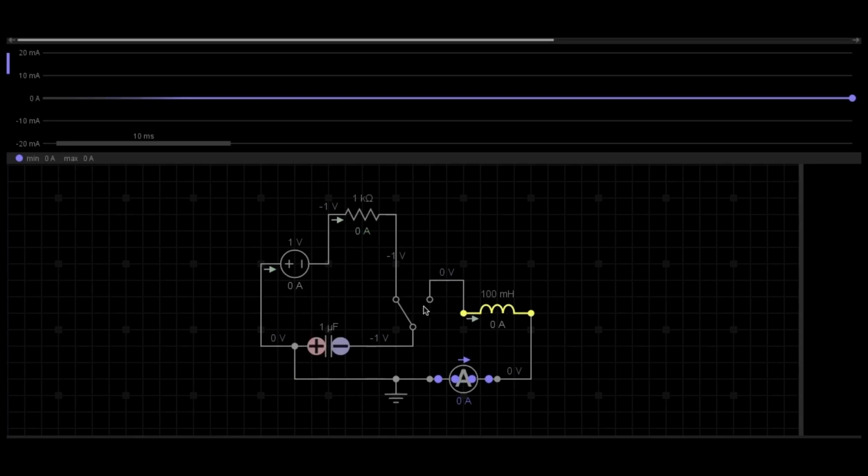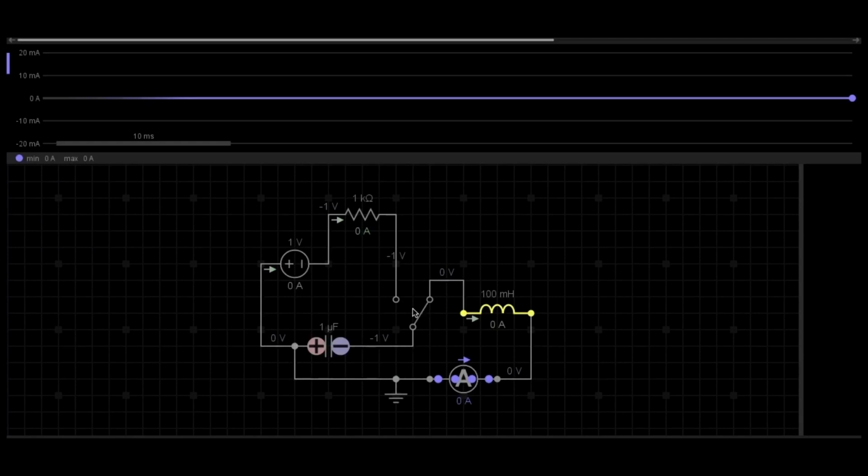Once the switch is connected to the inductor side, the LC becomes a series circuit and there will be oscillation. And since this circuit simulates a practical case, not an ideal case, there will be damping. So definitely the oscillation will not persist forever and it will damp.